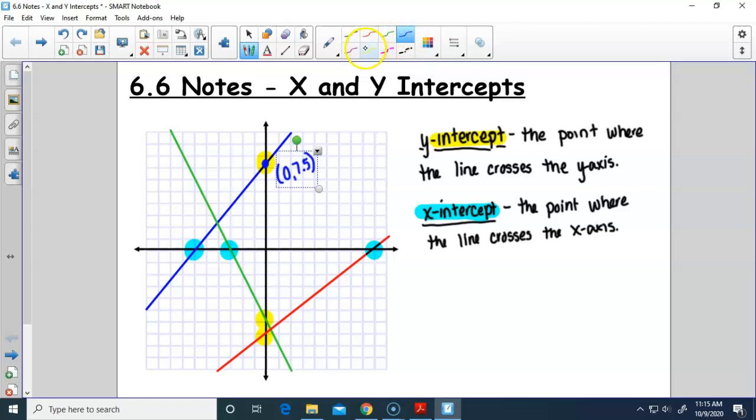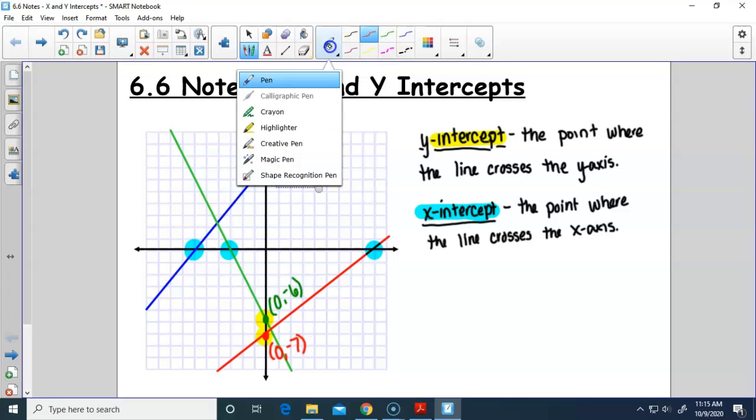I'm estimating here. For this green line, it looks like close to -6, so the x-coordinate is 0, the y-coordinate is -6. For our red line, it looks like we're at about -7, so the coordinates of that point would be 0, -7.